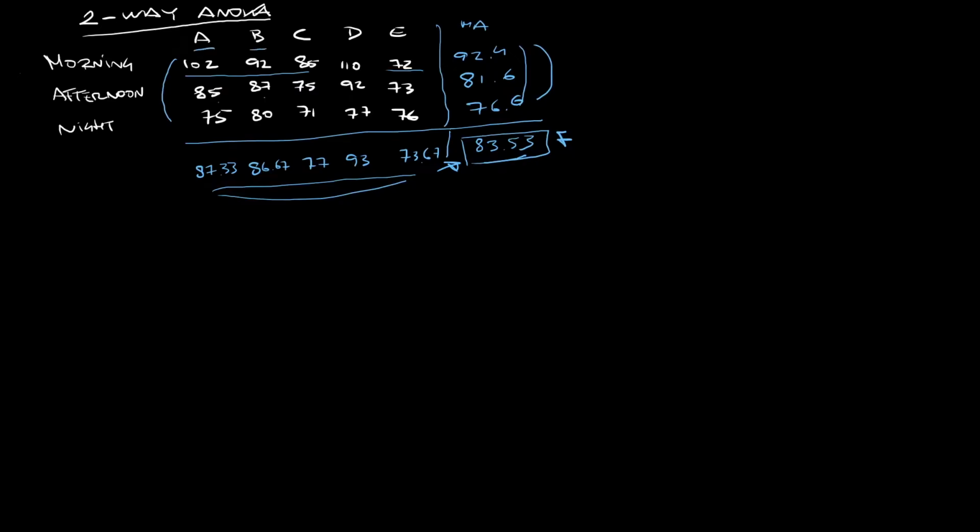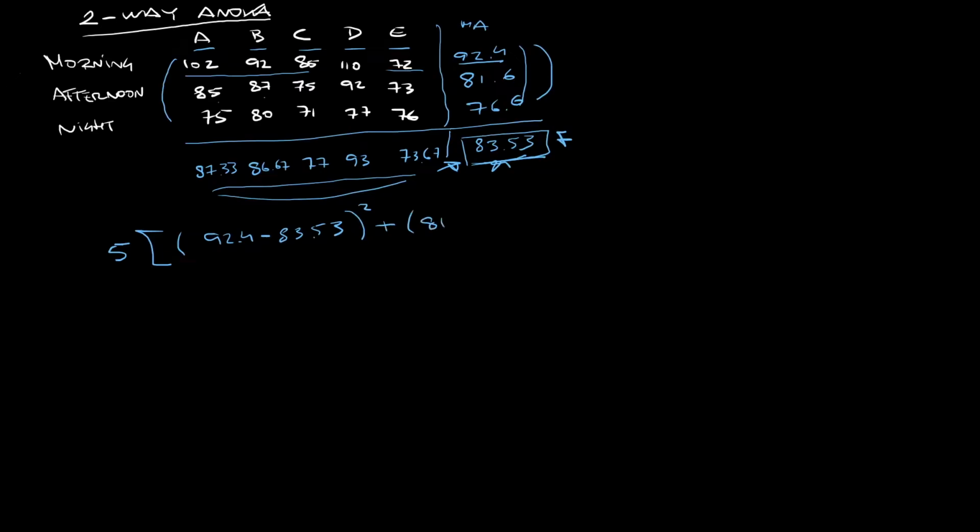So we have 5 columns, and we have the average number. What we are going to do is 5 times, then you open brackets, and then you do 92.4, so it's this number minus the average, 83.53, squared. I'll explain to you in a bit what it is that we're doing.